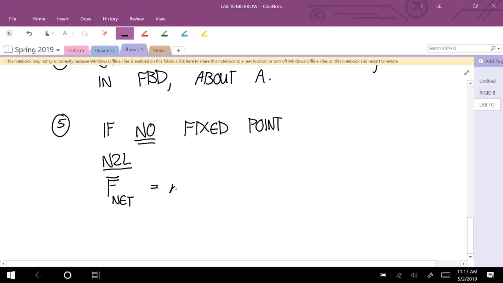That's equal to the mass of the body times the acceleration vector of the center of mass. If there is a fixed point, just skip that. So you won't have to use Newton's second law if there is a fixed point. If the thing is connected to the ground by a hinge or whatever, just skip this. So this one's in parentheses. Maybe you use it, maybe you don't.